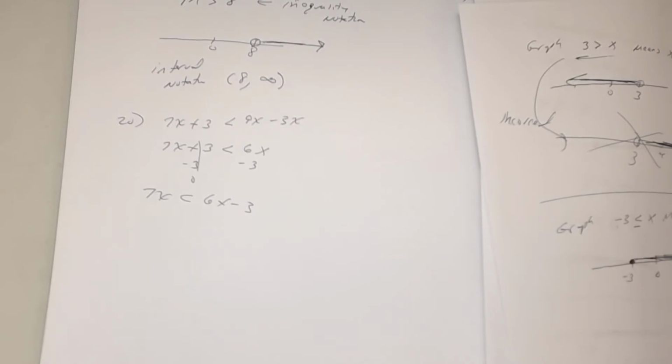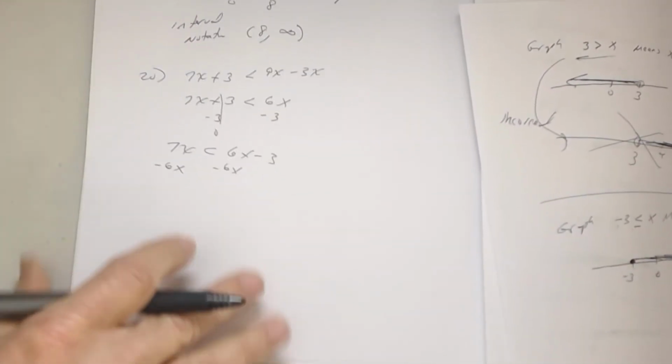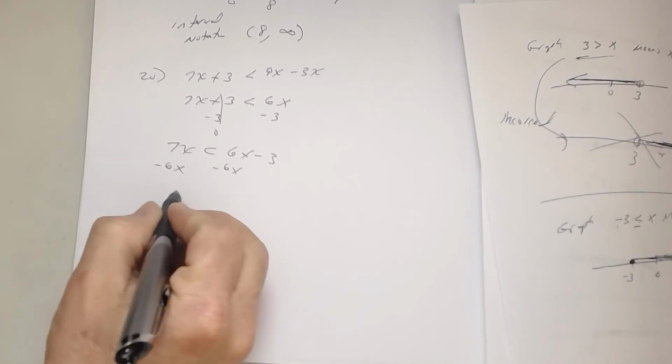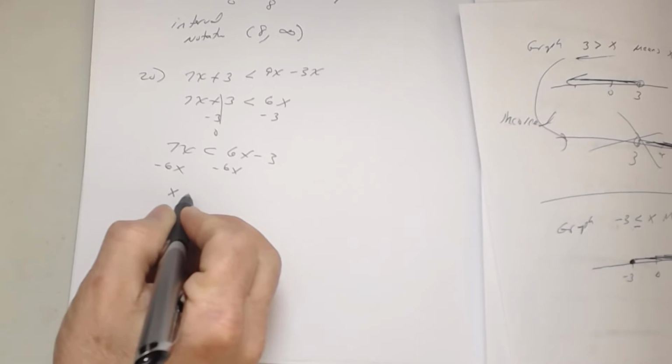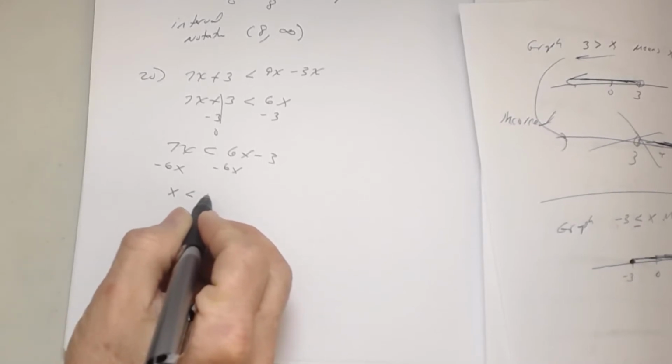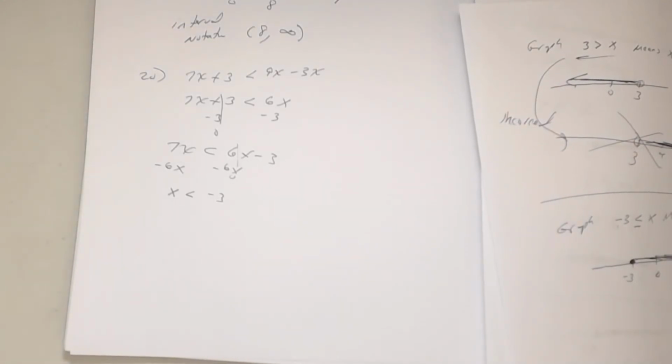I can't combine like terms, so that's going to be 6x minus 3, right? Now you're going to do what to both sides? Subtract 6x. And now it's 7x minus 6x, positive x, 1x, right, is less than what? Negative 3. So there's your inequality notation.